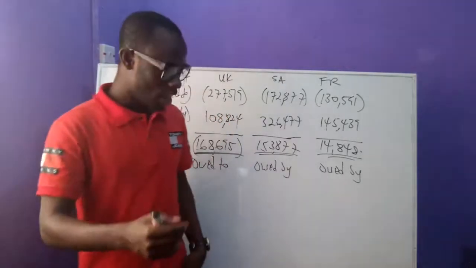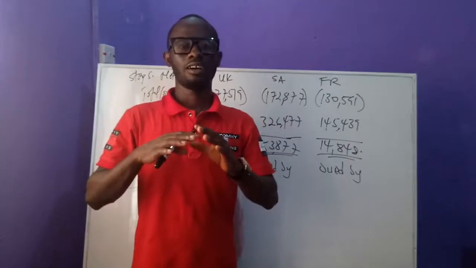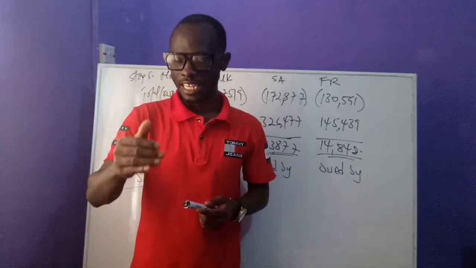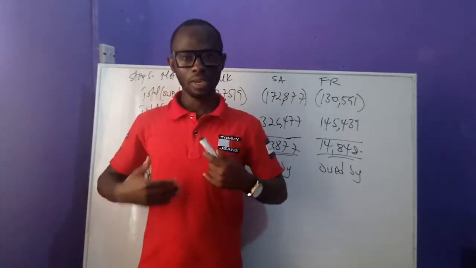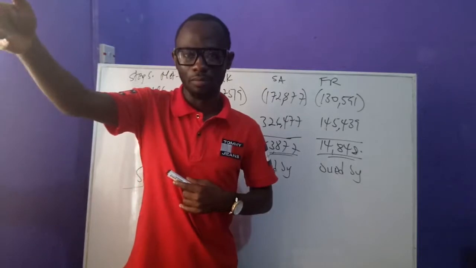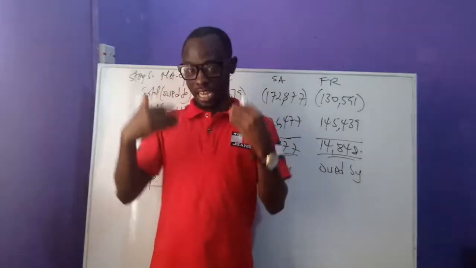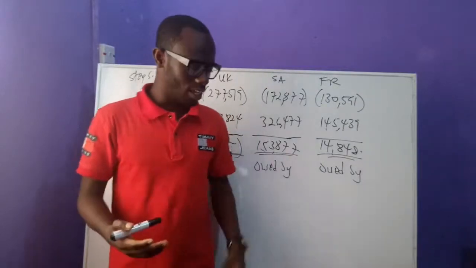Now, this is just a terminology. Grammatically, when we say you are leading, meaning you are ahead, you move forward. When you say you are lagging, meaning you are behind. So leading means you take a step forward. Lagging means you delay. So just that grammar is what this technique is about.